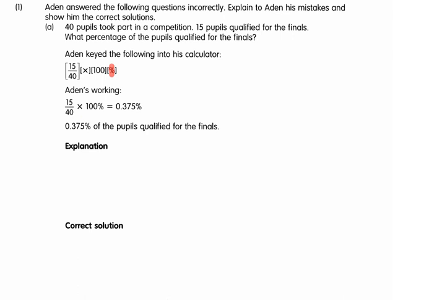What is wrong with his working here? So instead of 0.375%, what should he write? Hey, hello, you don't need to use a calculator for this question. You should write 37.5%, right? Correct? Because you use 15 over 40 times 100%, it will be 37.5. Can you try to use your calculator and see for yourself? But how should we write it?